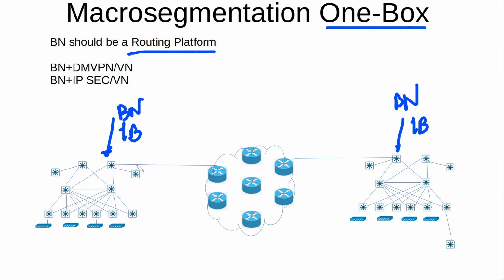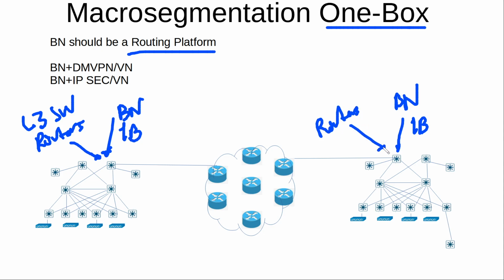Remember that when choosing your devices, in order to become fabric devices, you can have layer 3 switches, or you can have routers. In this case, in order for this to work, you have to choose a router-based platform for your border node. Do not use a layer 3 switch, because layer 3 switches usually don't have support for DMVPNs or IPsec solutions.